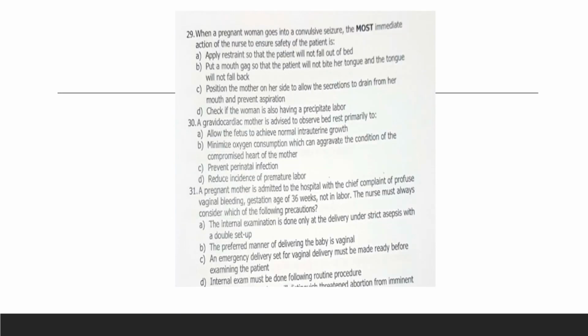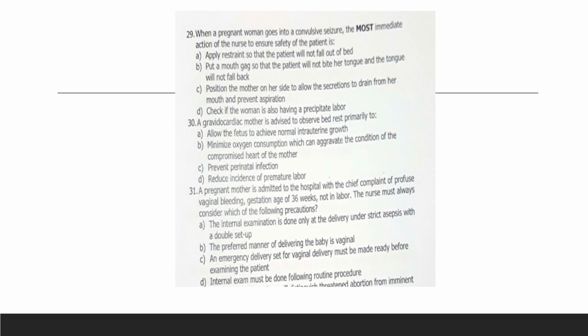29. When a pregnant woman goes into convulsive seizure, the most immediate action of the nurse to ensure safety of the patient is, 29, the answer is B. Okay, put a mouth gag so that the patient will not bite her tongue and the tongue will not fall back.